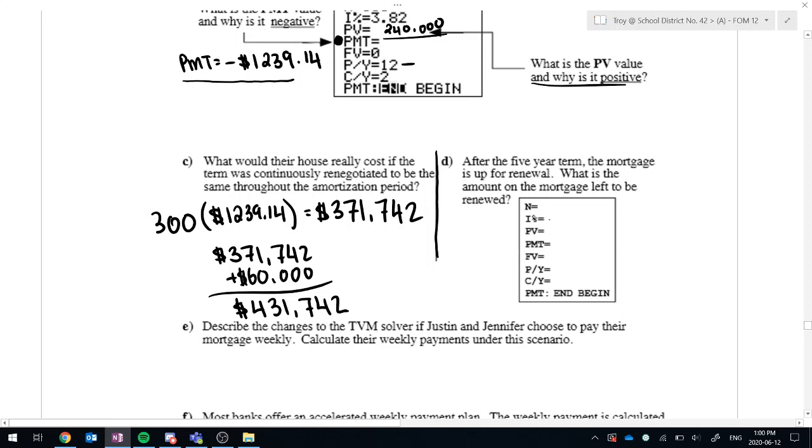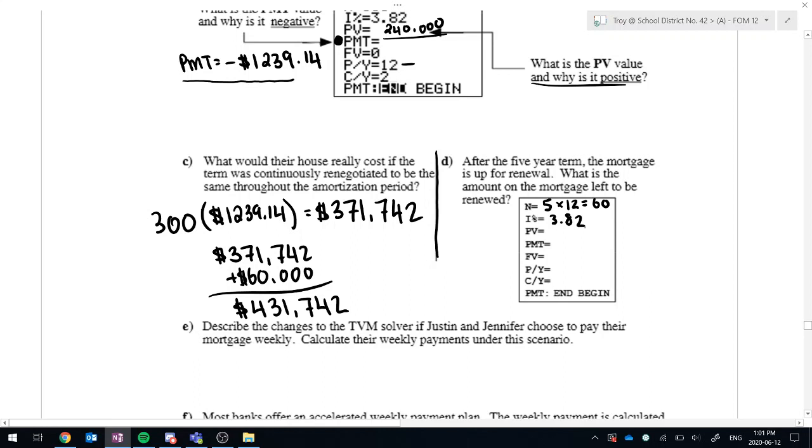So it was over 5 years, right? We made 12 payments every year for 5 years, so that end value is going to be 60. We've made 60 payments over that amount of time, and we made them at 3.82% interest.